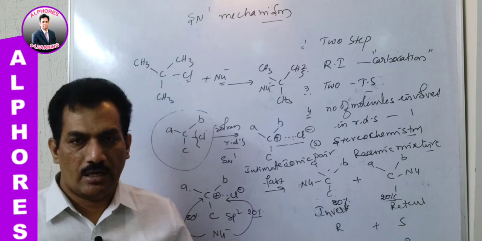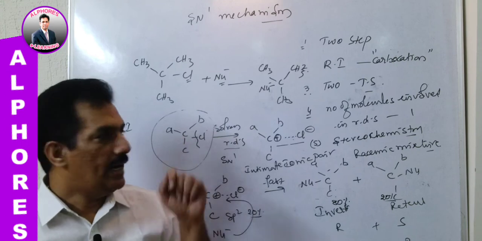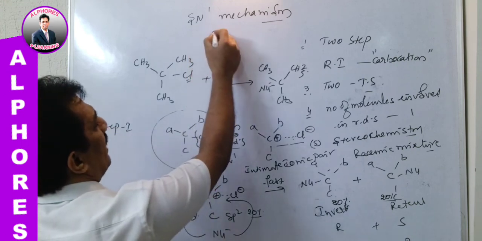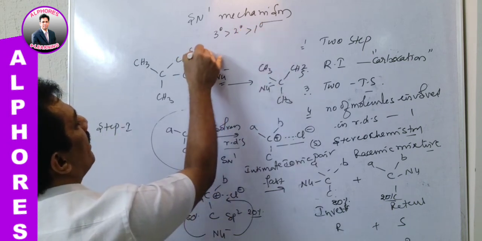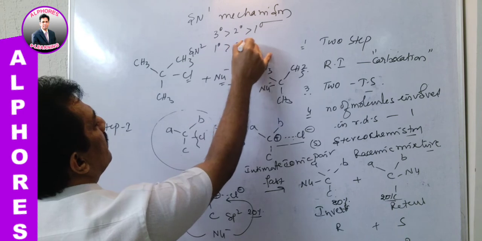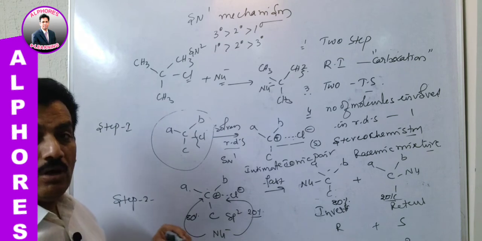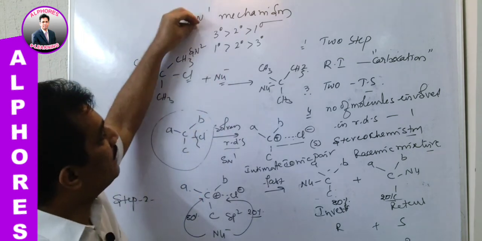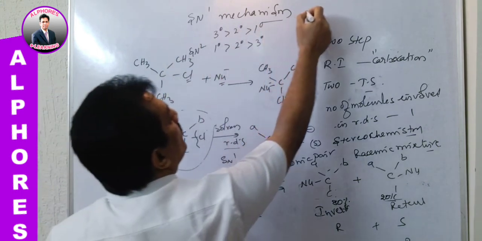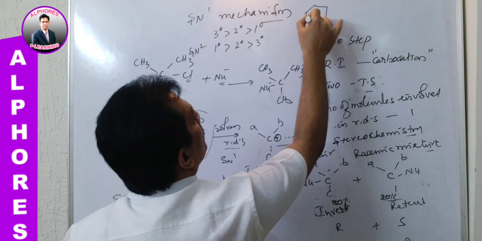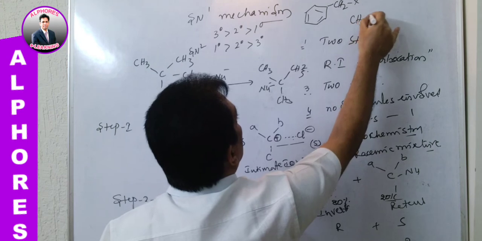Already we drew the energy diagrams. It will have two peaks. All these we know. And now, SN1 is favored for tertiary greater than secondary greater than primary, and SN2 is favored for primary greater than secondary greater than tertiary. There are two substrates which are favorable for both SN1 and SN2 in preference to these. They are nothing but benzyl halide, that is benzyl carbocation, and allyl halide.